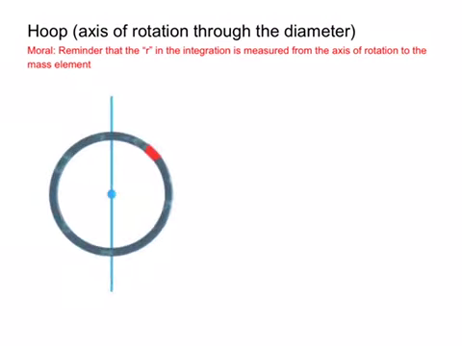So right off the bat, before we go about solving for our mass element dm, we first need to take note of what's happening here with our r. Again, remember that we're talking about this perpendicular distance from our dm to the axis of rotation.